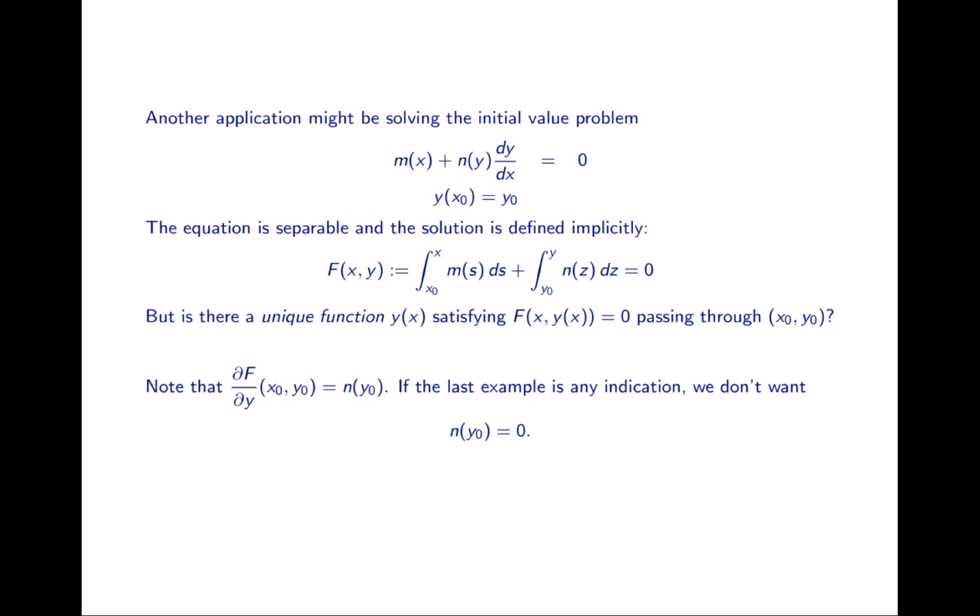If n of y naught is 0, then from the precedent in the last example, there may not be a unique function y of x that solves the initial value problem and passes through my initial condition. There may be none, there may be more than one.